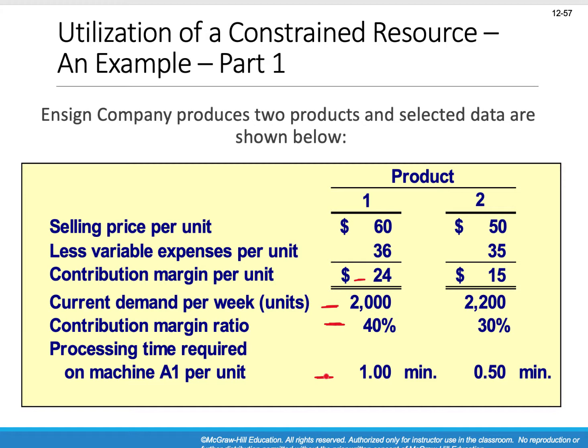In this example, we have a machine, A1, and apparently A1 is our constraint. We only have 1 machine. So what we have to figure out is which product gives us the most bang for our buck, and which product we use that constrained machine to make first, satisfy that demand, and then worry about the other product.